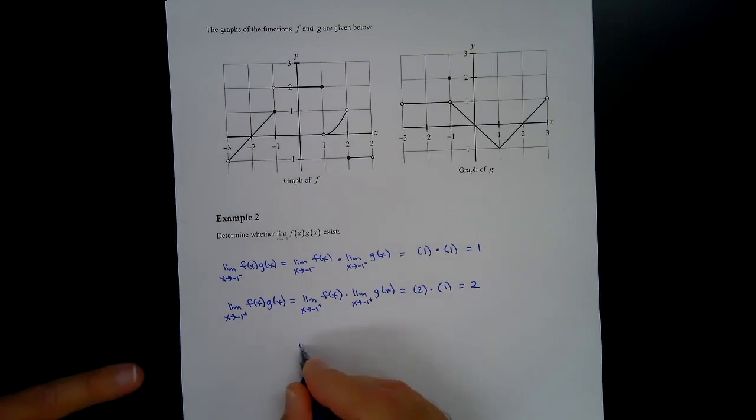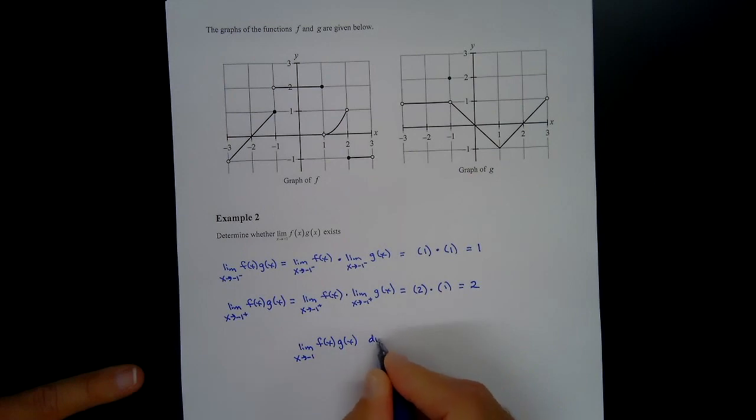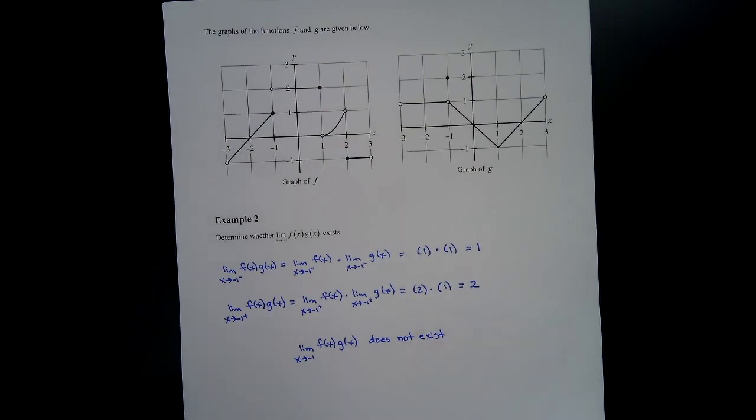So we know now that the limit as x approaches -1 of f of x times g of x does not exist. I'm going to stress this: it's always going back and looking at the one-sided limits.